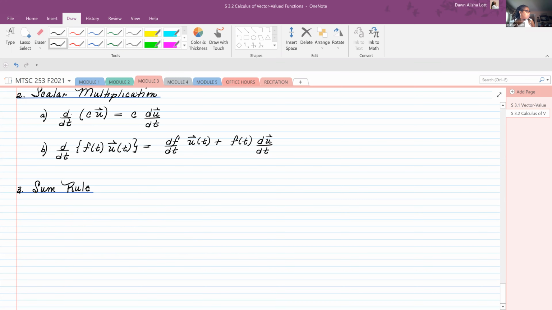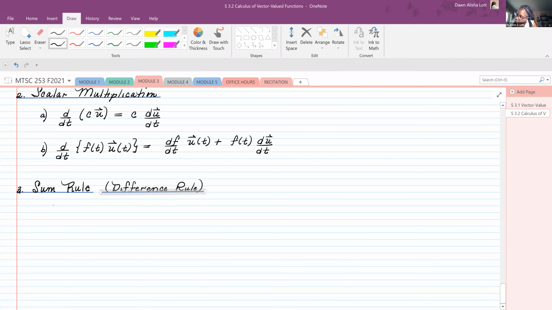Okay, so for the sum rule, this is simple. I'm going to call it the sum rule and the difference rule, and put both of them in here together. It doesn't make sense to do two rules when I can do one.